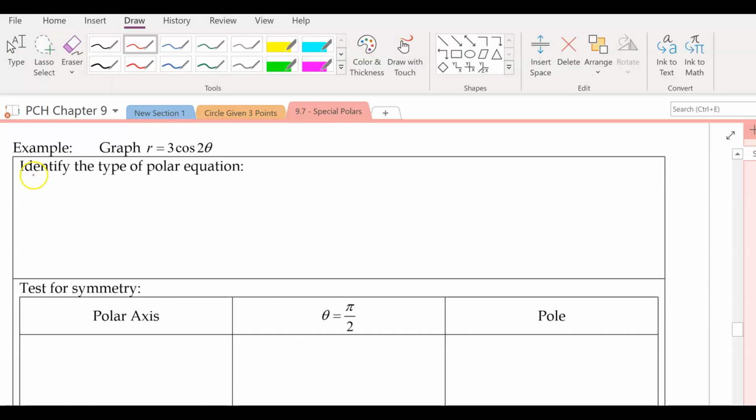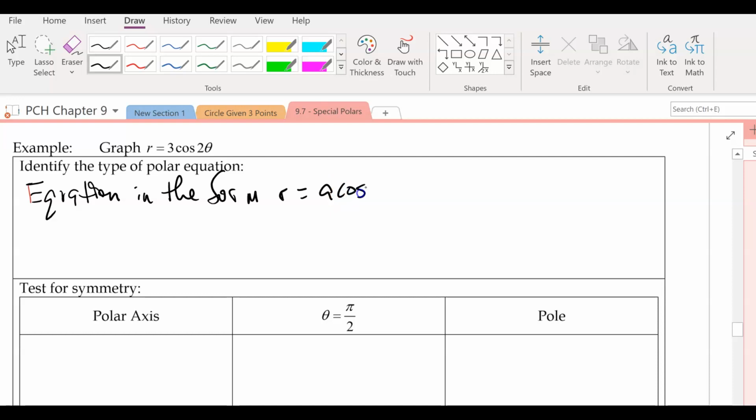So we know that this is an equation in the form r equals a cosine n theta, which is a rose, and since n is equal to 2, we're going to have 4 petals.